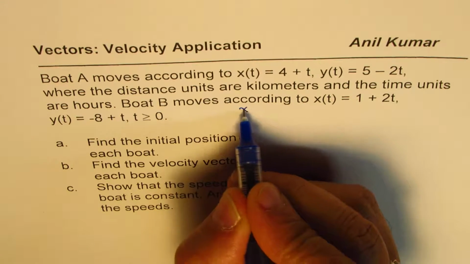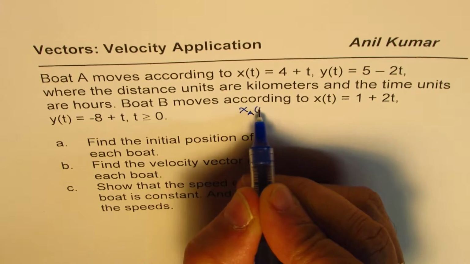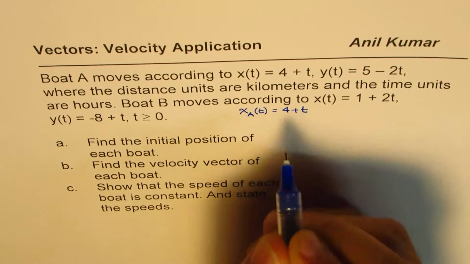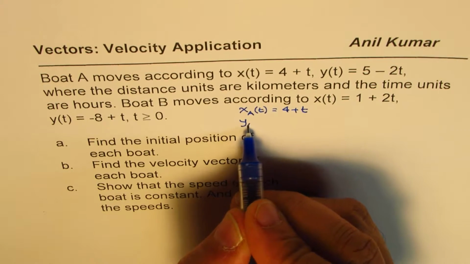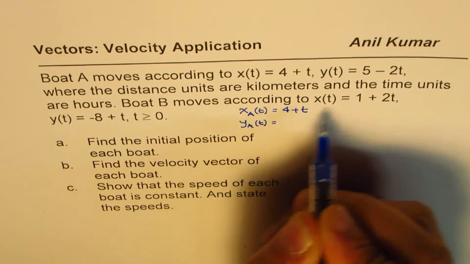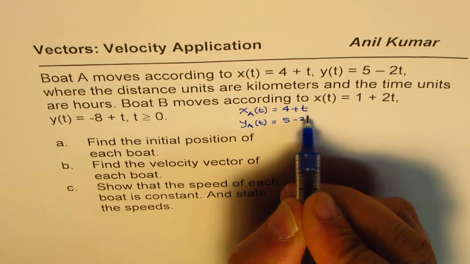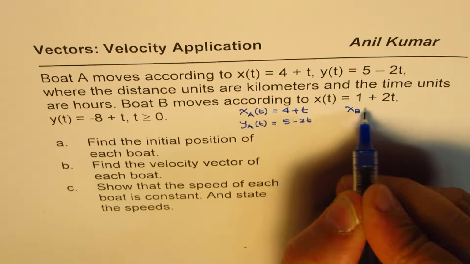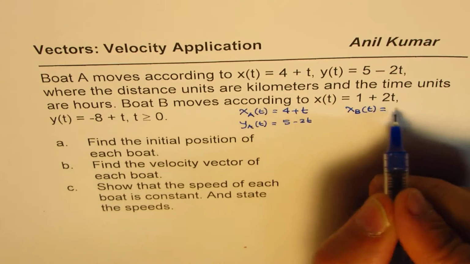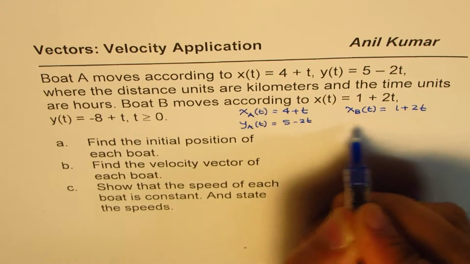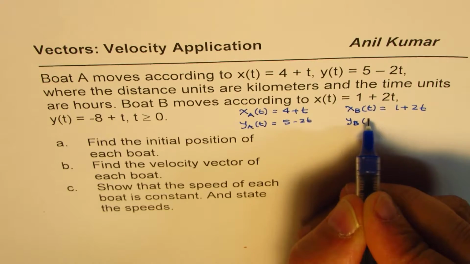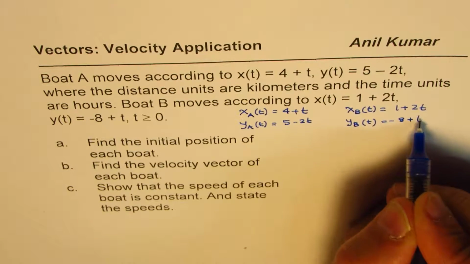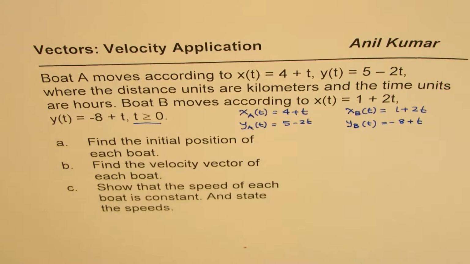Let me write xa for boat A, that is given to us as 4 plus t, and ya with time is given as 5 minus 2t. For boat B, we are given xb of t is 1 plus 2t, and yb of t is minus 8 plus t. T is greater than or equal to 0.